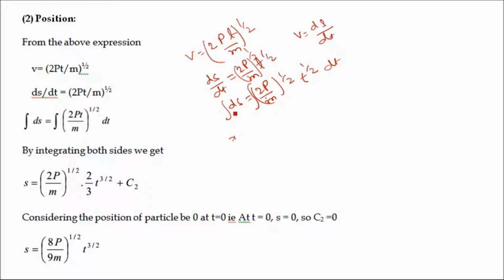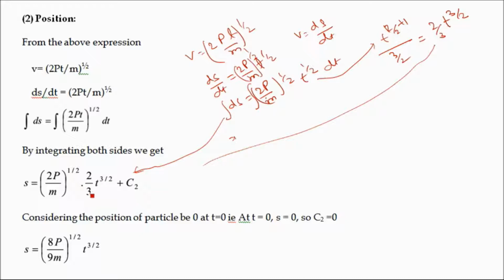The left hand side becomes s, and the right hand side becomes 2P by m raised to the power 1 by 2, and if you integrate t to the power 1 by 2, it is t to the power 1 by 2 plus 1 divided by 3 by 2. So we get 2 by 3 into t to the power 3 by 2 plus c2.